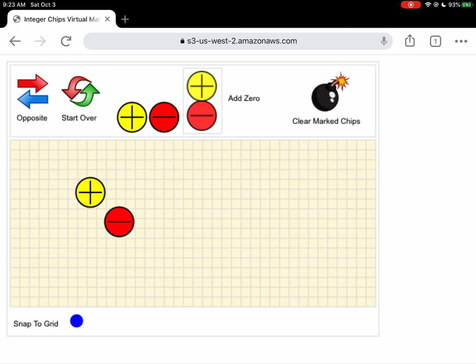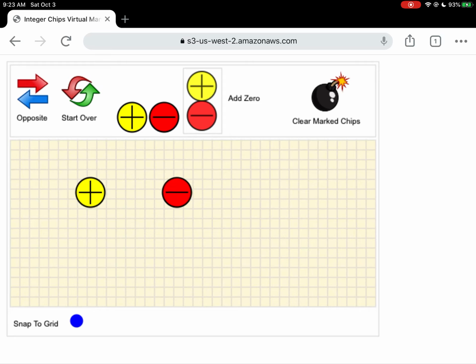But for this digital version, we just have a plus sign on the yellow and a minus sign on the red. If I'm going to use the combining idea, here's my positive 1, here's my negative 1, and I want to combine them together, they form a pairing that's called a zero pair because they offset each other.